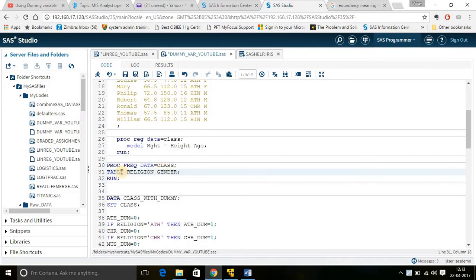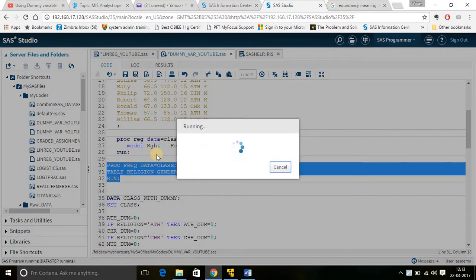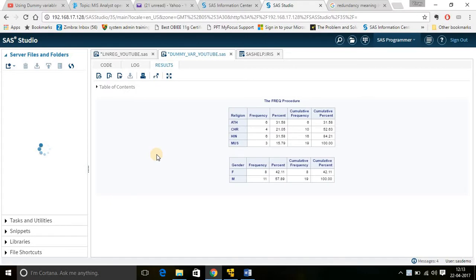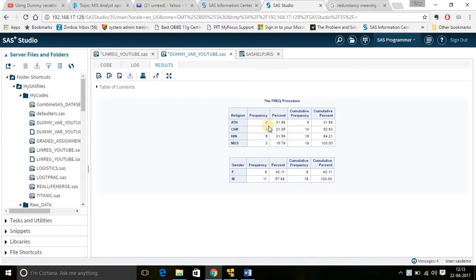So now let's take a look at the categorical variables and how they are distributed. We use proc freq to describe the categorical variables. Let's see how it works. Proc freq will give you how the categories are distributed and what the frequencies are. So 31% of the data points are atheist. Christians are 21%.